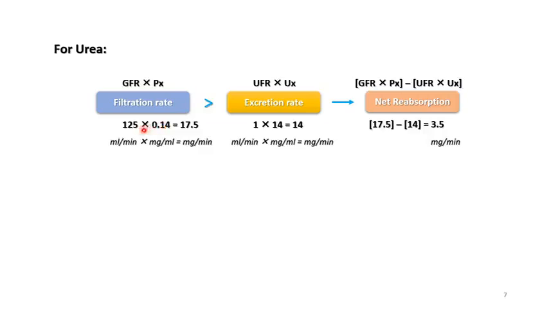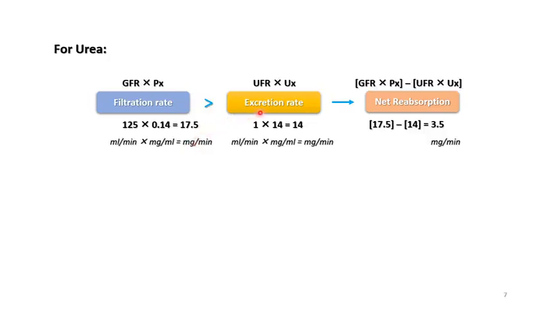Multiplying by GFR, it is 17.5 milligram per minute. This is the amount of urea that is filtered from the filtration barrier into the Bowman's capsule every minute, 17.5 milligram.